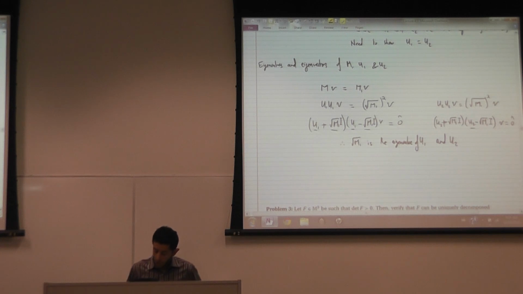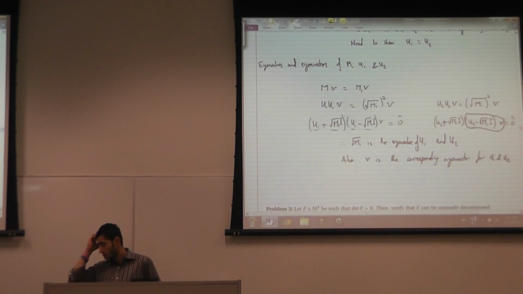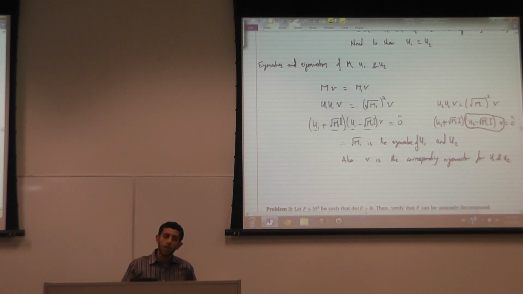Not only this, this also shows that this is 0. Also, V is the corresponding eigenvector for both U1 and U2. U1 and U2 are positive definite symmetric matrices. They share the same eigenvalues, they share the same eigenvectors, they are identical.